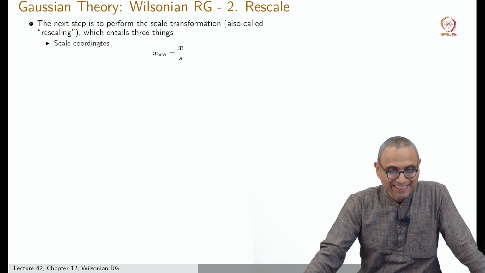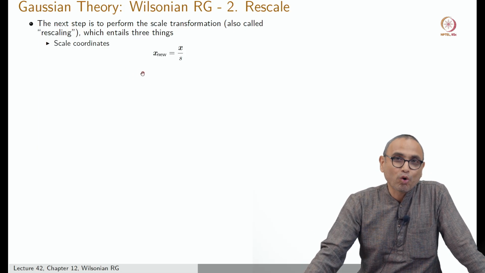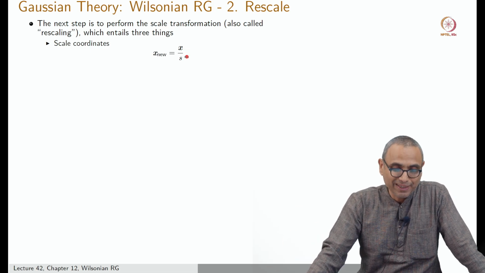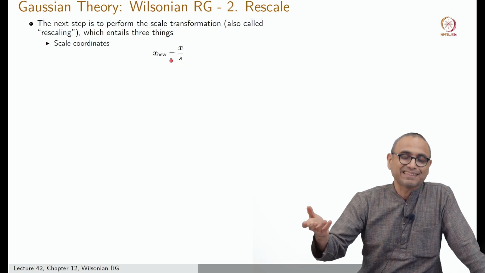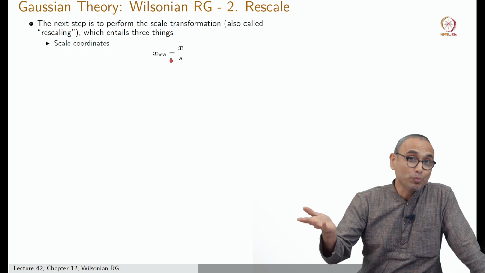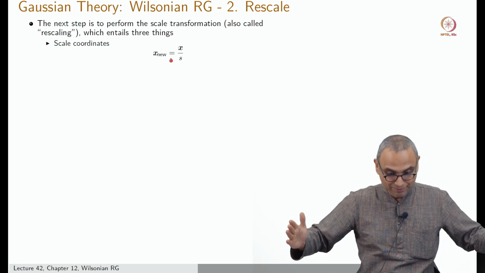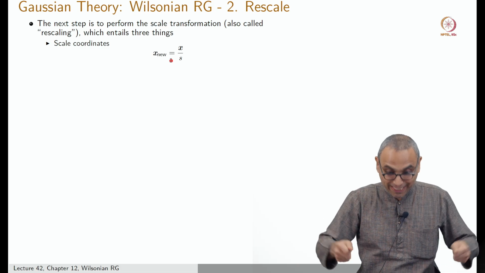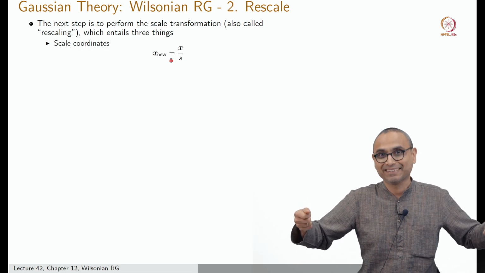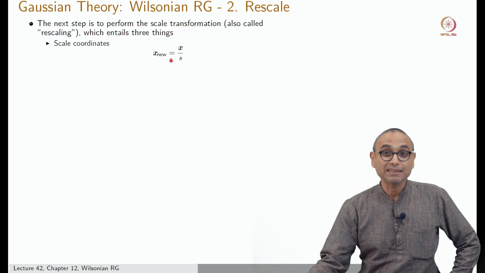The first thing is the coordinates are changed. So x becomes x new, and the old x is divided by s. If s is, let us say, 2, what was 2 meters now will become 1 meter. I have zoomed out, that is what I have done. Think of a map.